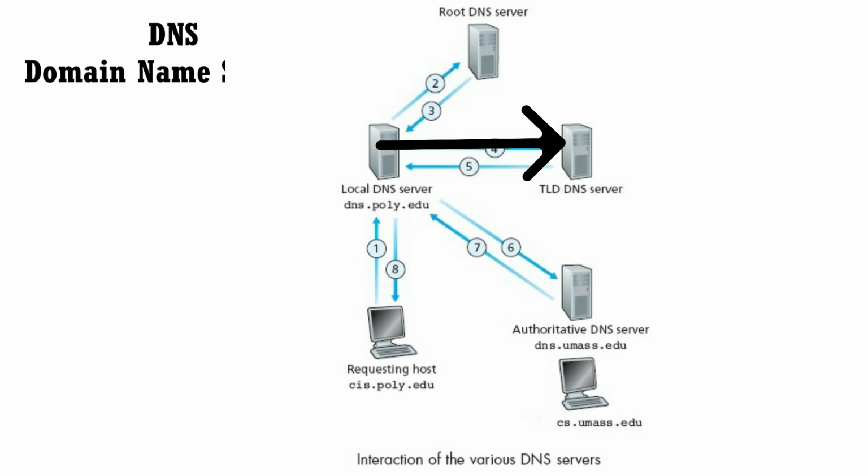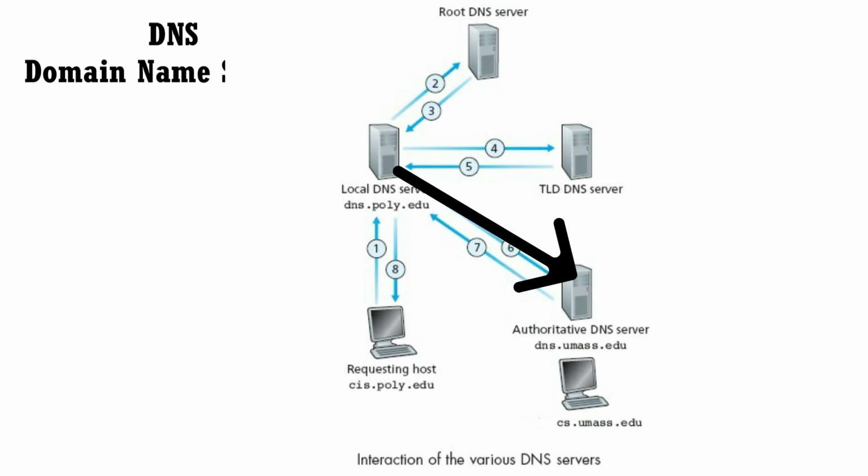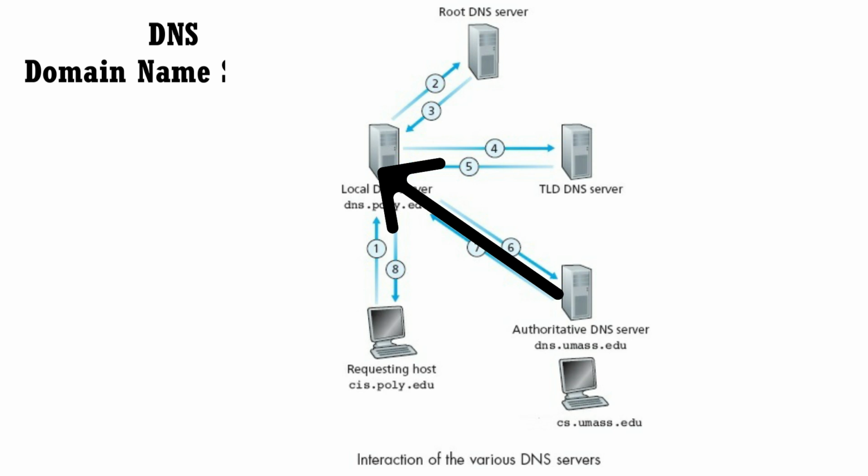The top level domain server takes note of the umass.edu suffix and responds with the IP address of the authoritative DNS server, namely dns.umass.edu. Finally, the local DNS server resends the query message directly to dns.umass.edu, which responds with the IP address of cs.umass.edu.